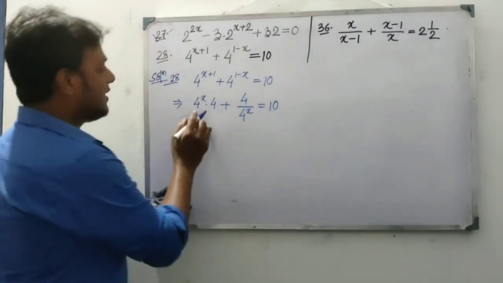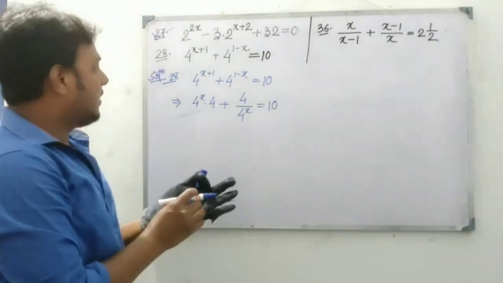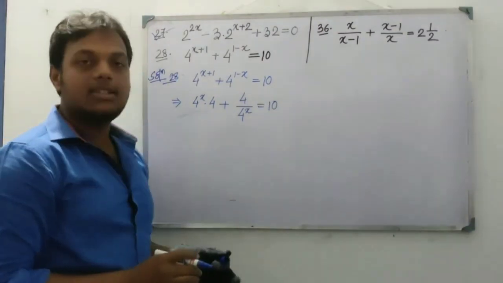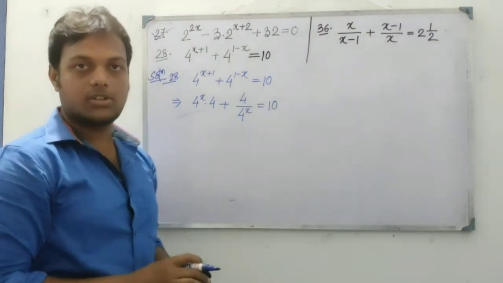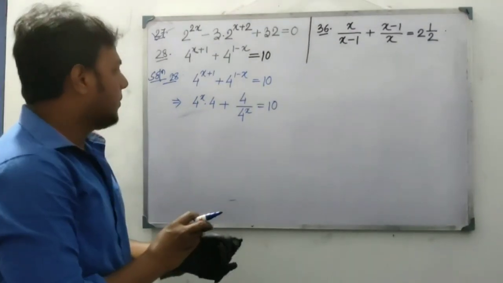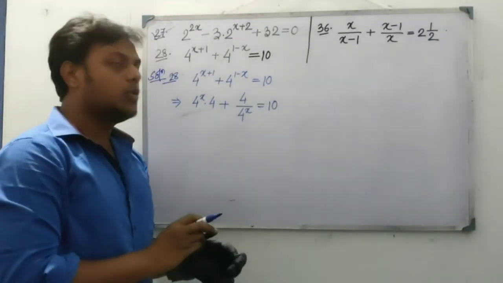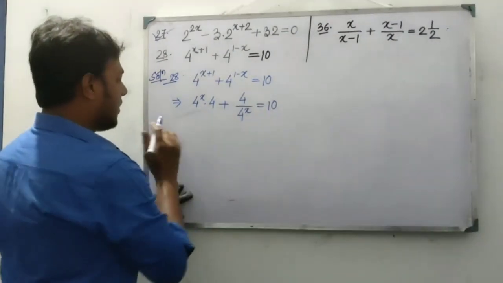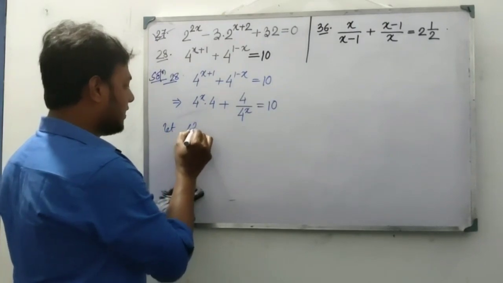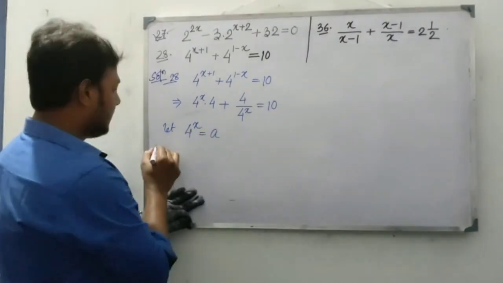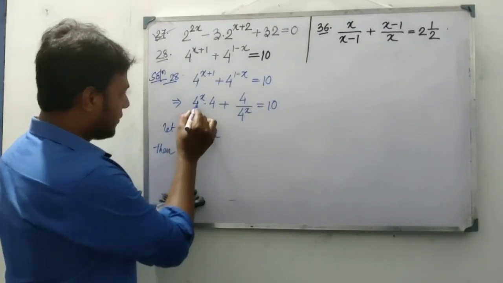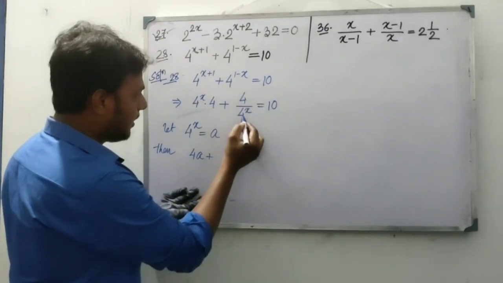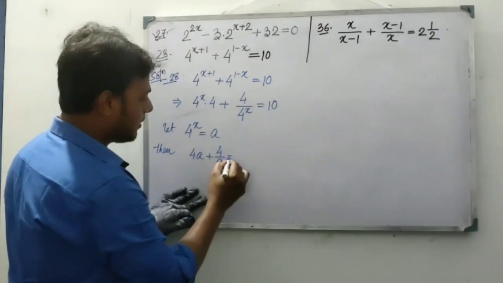Now, if we take 4 to the power x as a new variable, then we can easily convert this into the standard form of a quadratic equation. Since you are unable to solve it if you keep 4 to the power x, let 4 to the power x be a new variable a. Then the first one is a into 4, that means 4a, plus 4 by a equals 10.